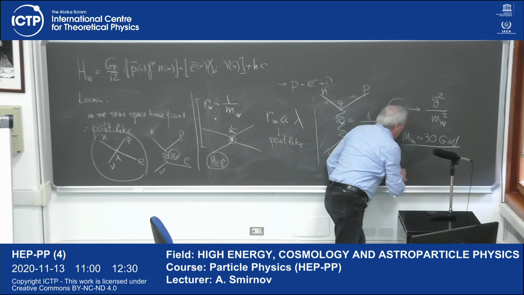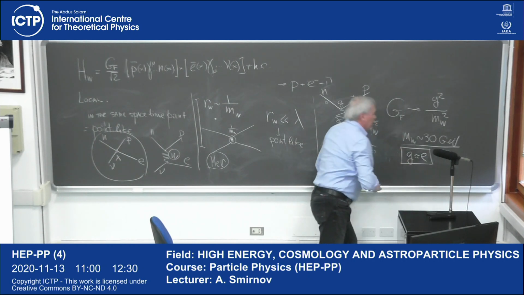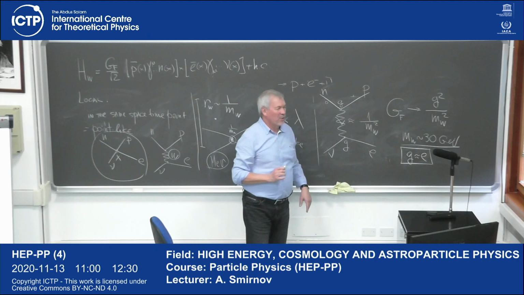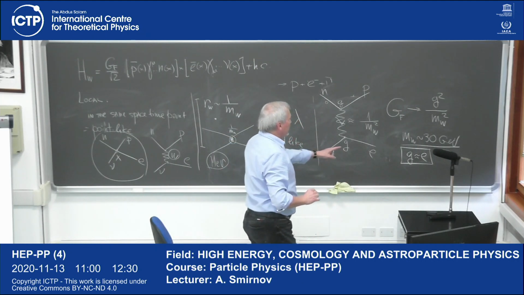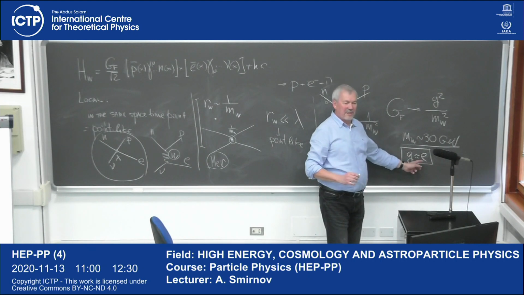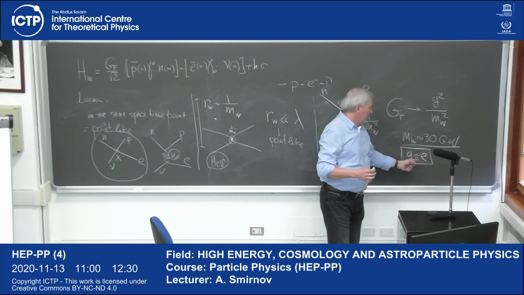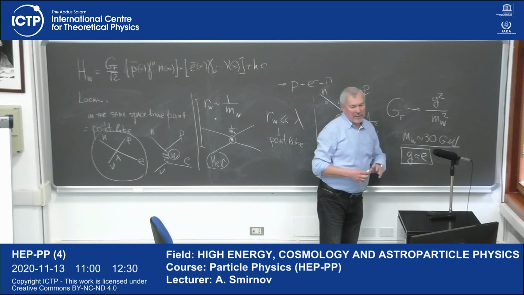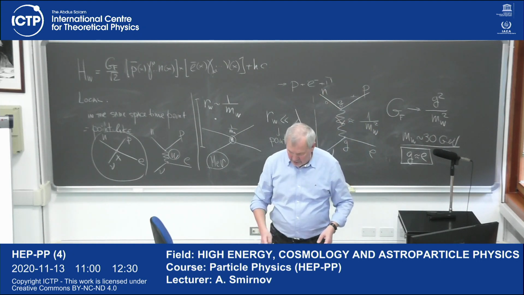Fermi made this estimation assuming that G is of the order of the electromagnetic coupling constant. He really wanted to take the analogy to the bitter end. So if G is the electromagnetic charge, then the mass of the W boson should be around 30 GeV. And we know now that G is bigger than e, and therefore the mass of the W boson is bigger than this 30 GeV. We will discuss this later.